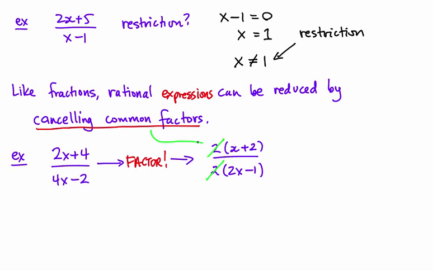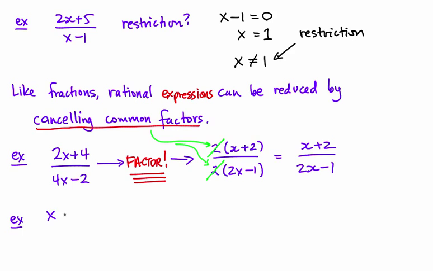That's what I cancel, and my final solution is x plus 2 over 2x minus 1. The key step in this is you must factor these. Let's take a look at a couple more examples.